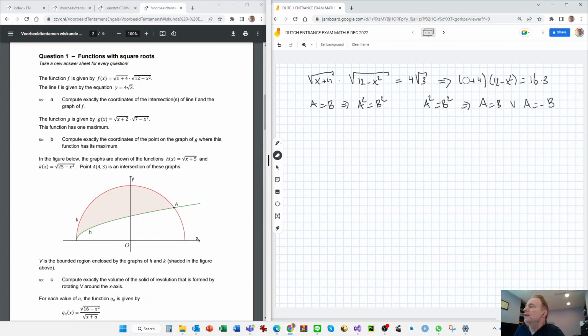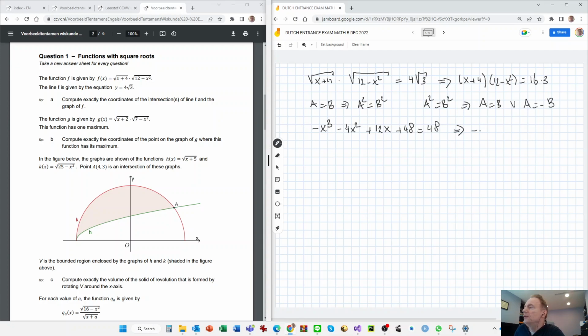Start with x times the minus x squared, which is minus x to the power 3, and then you get minus 4x squared, and then the linear terms in x is 12x, and you get a 48, which is good because on the right hand side you also have a 48.